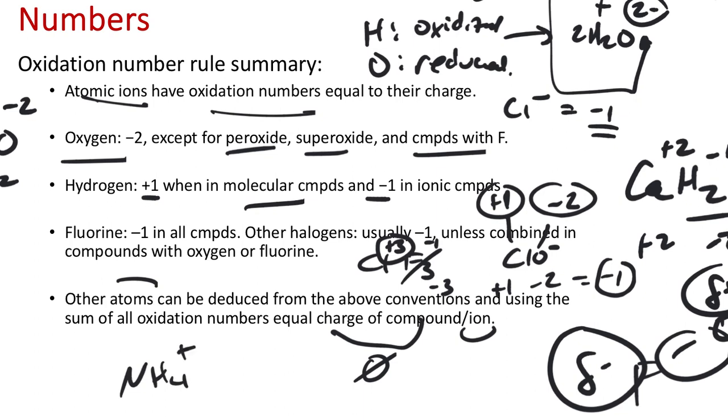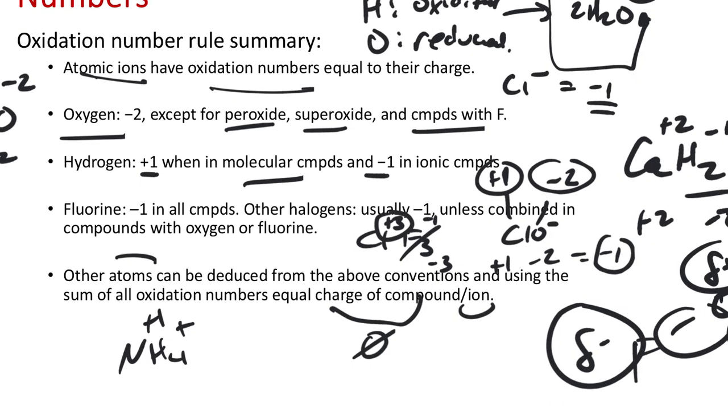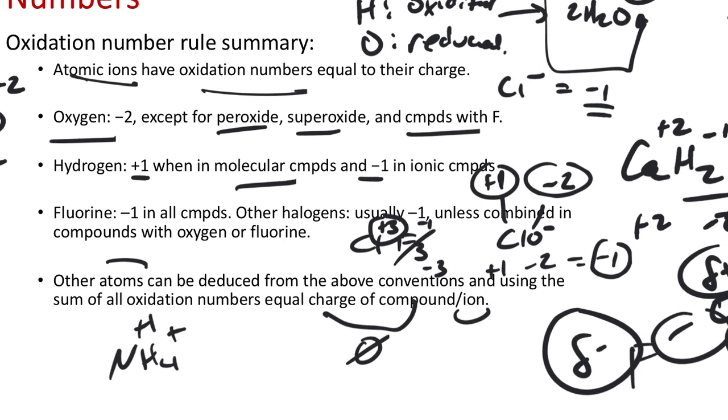We haven't seen nitrogen by rule, but we know hydrogen by rule should be +1 in molecular compounds. And then we have four of them. So nitrogen has to be -3, so that adding 4 gets us to +1 for the overall charge of NH4+.